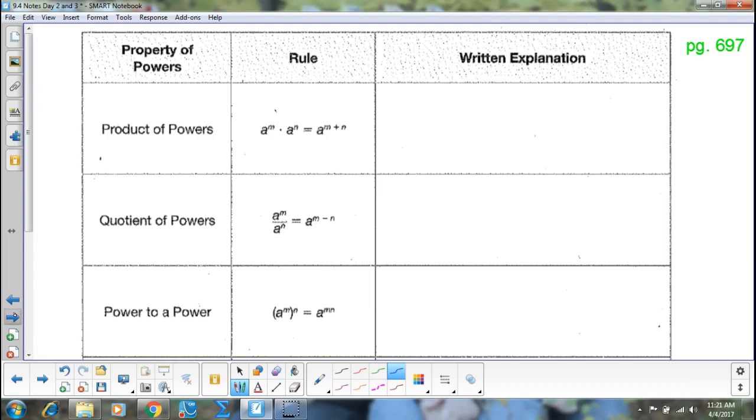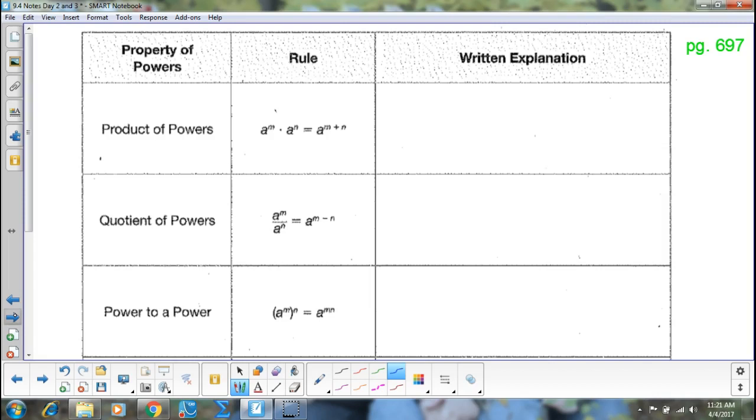You've used a lot of them before. I am not so much concerned about the name of the property, just that you remember how to use that particular property. Okay? I will most of the time refer to it by its name, okay? But you don't have to.